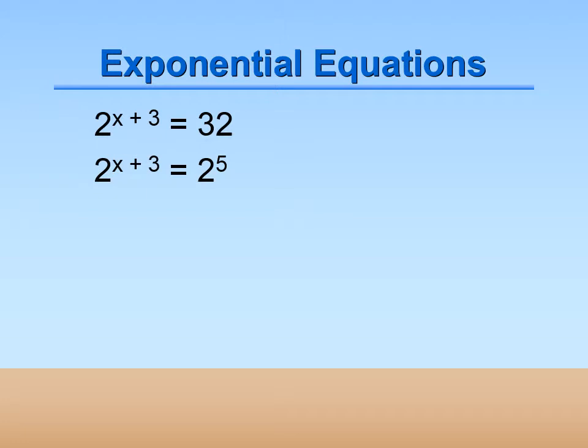So now we have 2 to the x plus 3 equals 2 to the 5th. And since the bases are the same, we both have 2 for the base, that means the exponents can be set equal to each other. So we get x plus 3 equals 5. And we can solve for x, and x will become 2.